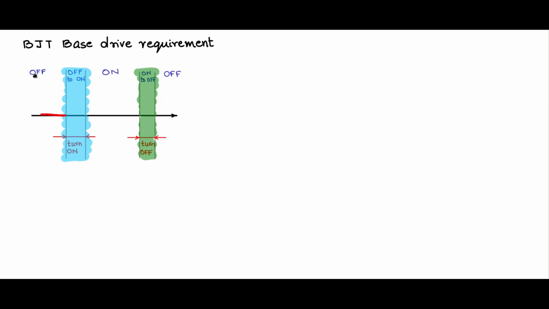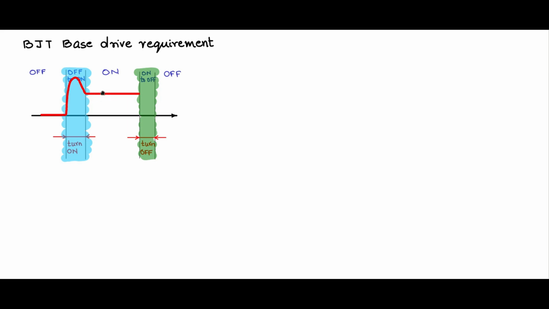Let us say during the off state the base current is 0, and during the turn-on portion you give a base current surge, and then it settles to a lower value, which will be the normal on base drive. This we saw will reduce the turn-on power dissipation, and then you keep it continuously on such that the BJT is in the on state.